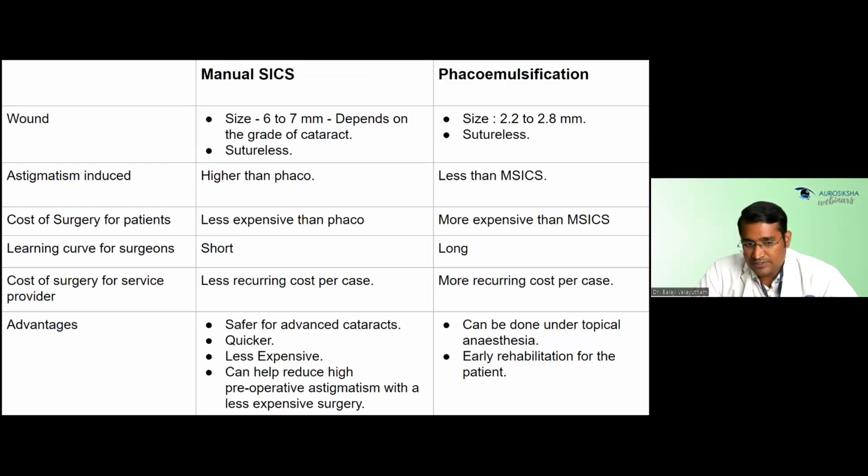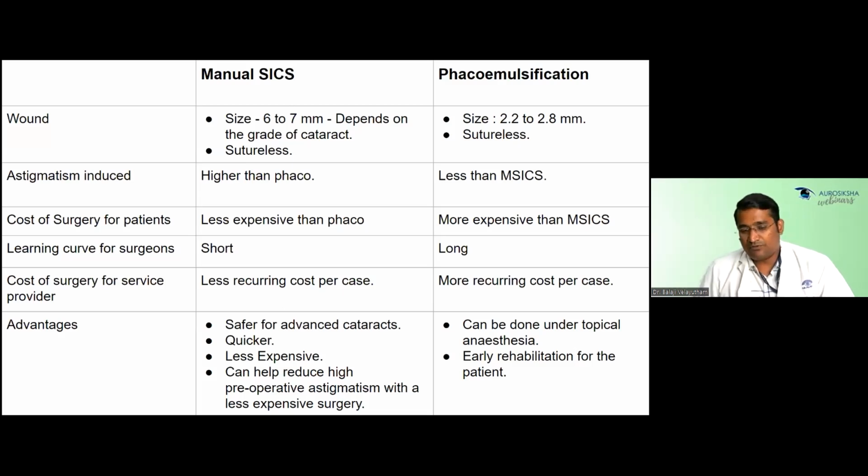The cost of surgery for patients is less expensive than phaco for manual small incision cataract surgery. Why is the cost less? Because there is less recurring cost for each patient, and you don't have an expensive machine or phaco tips to deal with. And the learning curve for the surgeons is also less when you compare it to phacoemulsification.